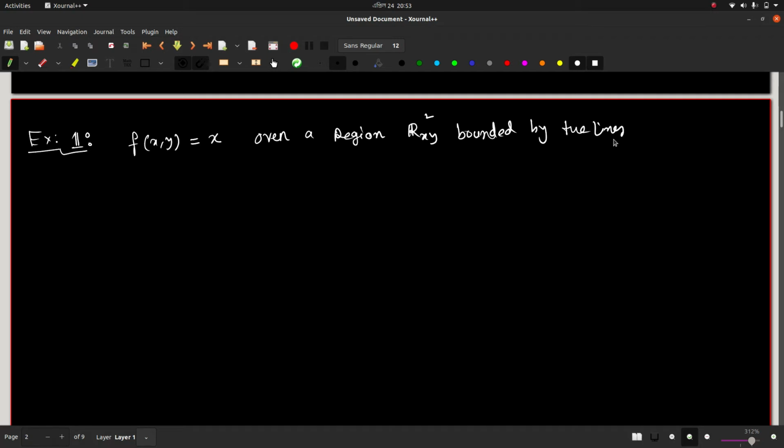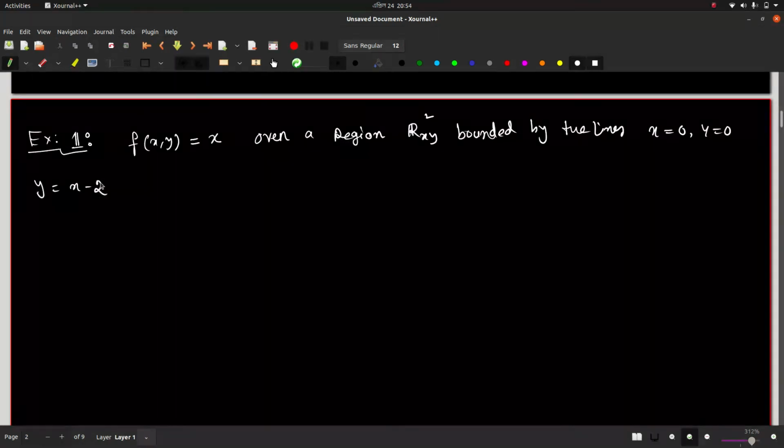So when you introduce those differential forms and vectors, you really don't have to be worried about whether you are working on the manifold or on the tangent space, and so on. So this f of xy, which is equal to x, will be bounded by the lines x equals 0, y equals 0, and let's say y equals x minus 2, something like this.